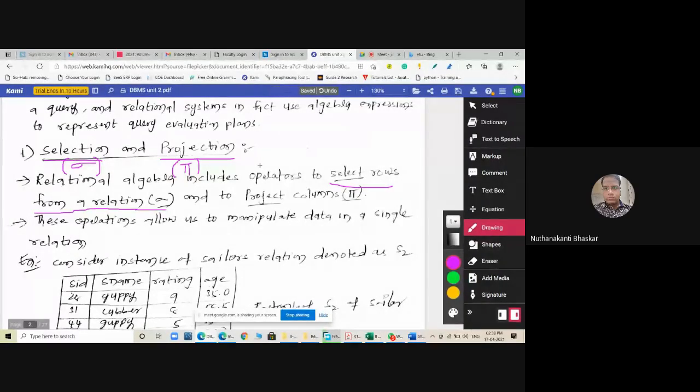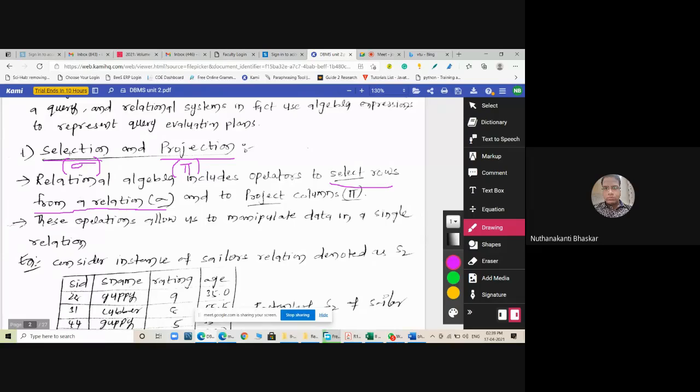To project the columns. What are the columns I wanted to display? With the help of pi, we can extract the columns of the particular table. Are you clear? The meaning, all of you clear the meaning? Yes.